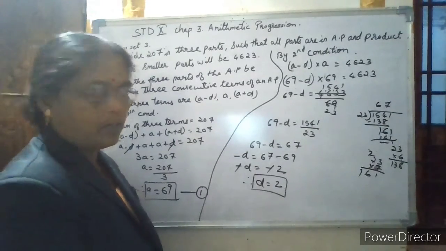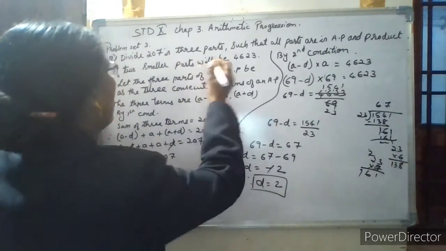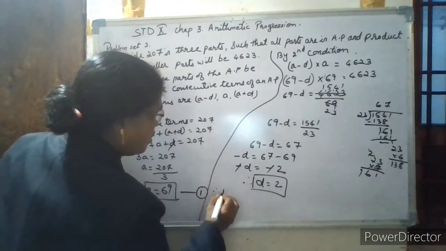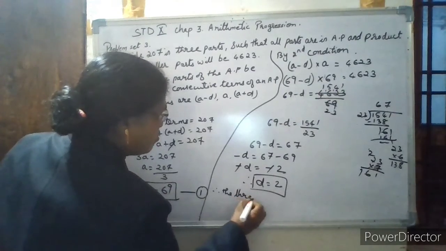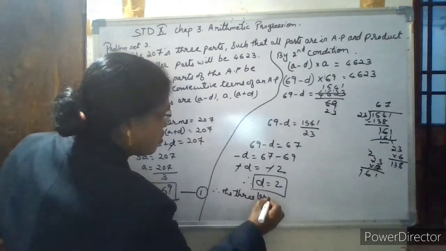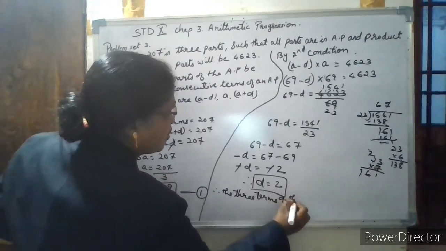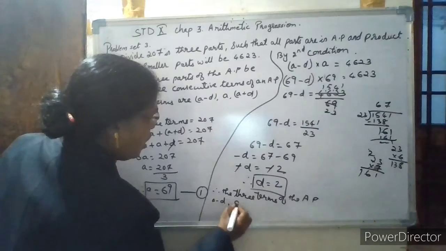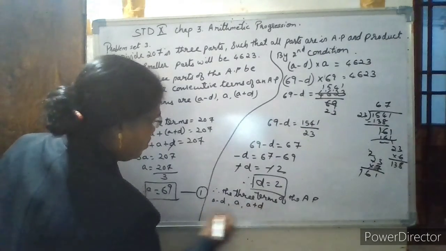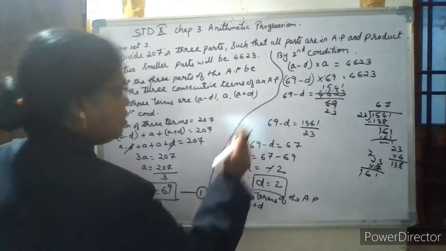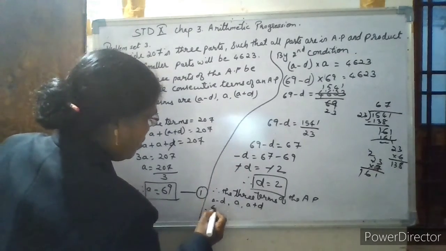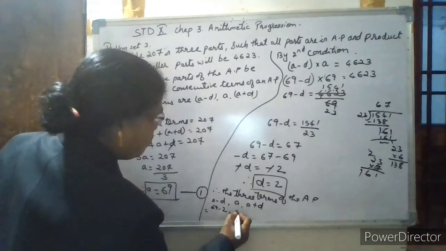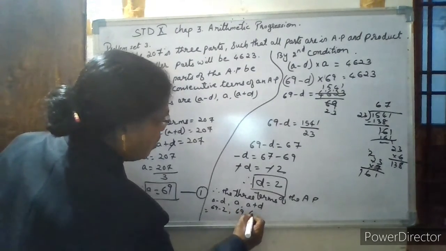Therefore, the three terms of the AP are A minus D, A and A plus D, that is equal to, as A is here 69, 69 minus 2, then the next one is 69 and then again 69 plus 2.